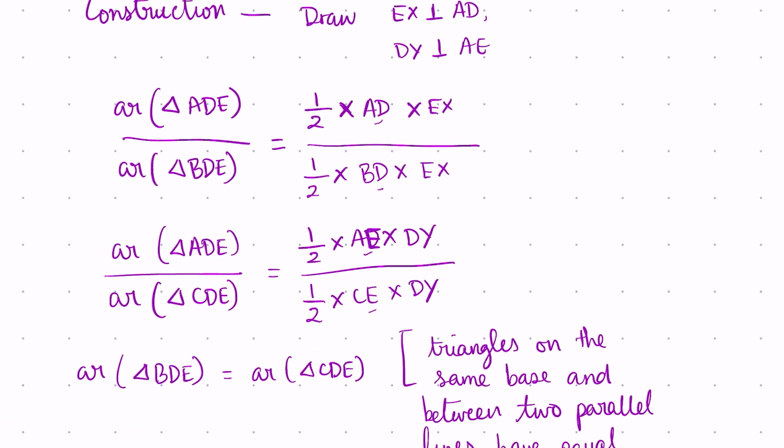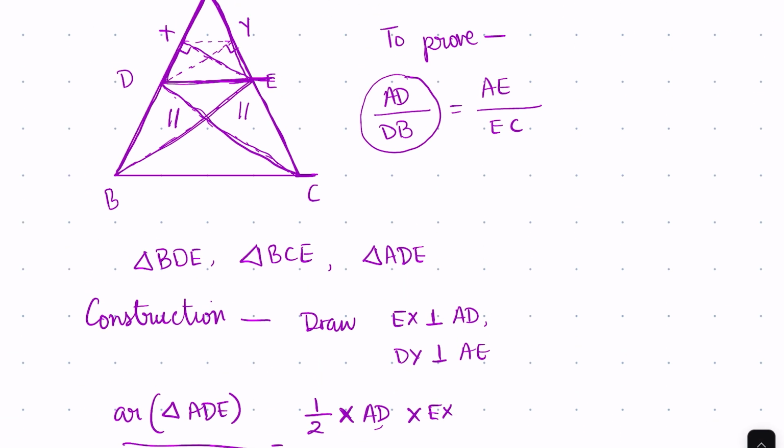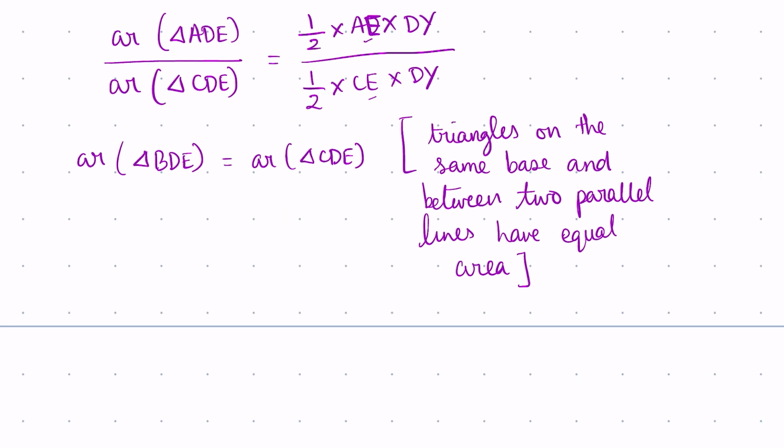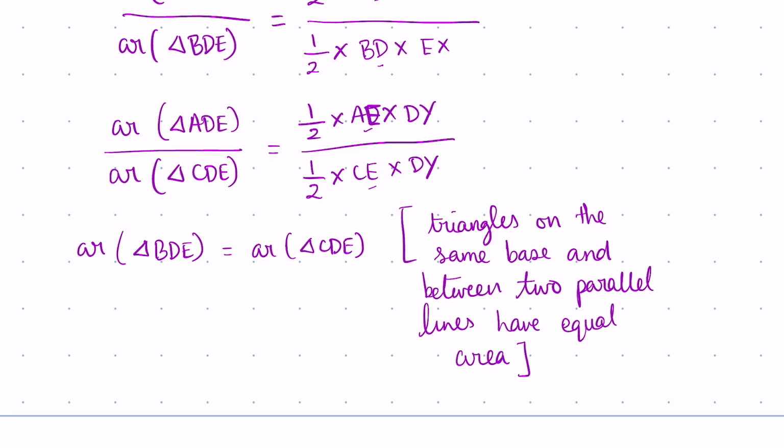Okay, so the condition is they're on the same base. The base is DE. If you look at, this is the base of that triangle, both of them, and they're between two parallel lines, so their areas are equal, right? So now area of triangle BDE is equal to CDE. Okay, that we have established.